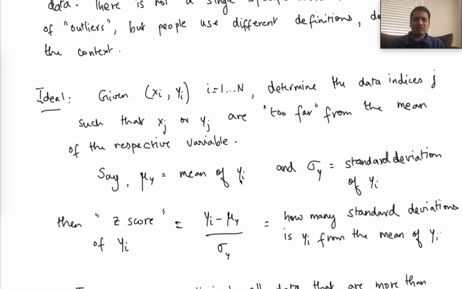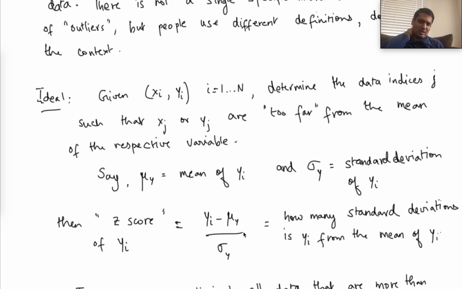Okay, so once you've computed the mean and the standard deviation, you can compute something called the z-score for each data point. What is the z-score for each data point? It's the data point minus the mean divided by the standard deviation, right?